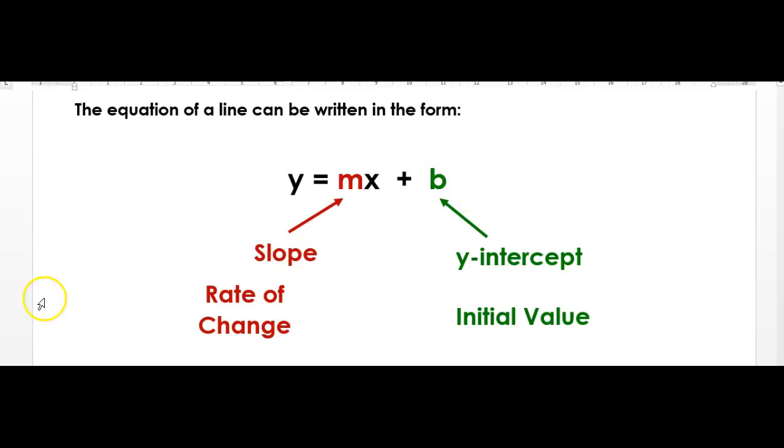So if I wanted to create the equation from a graph, this is my template or blank slate. If I knew the value for slope, I've just put a line there until I figure out what the slope is. And then I look at the graph and figure out what my y-intercept is, and I just plug that in. It's as easy as that.